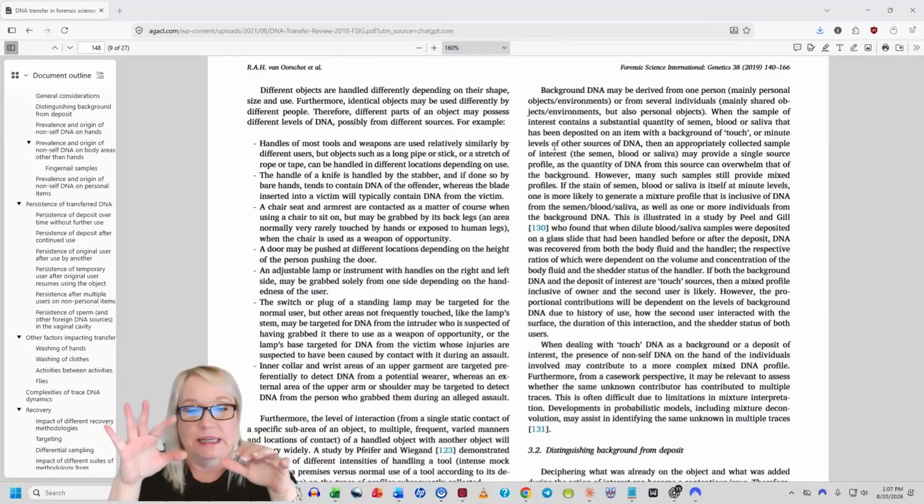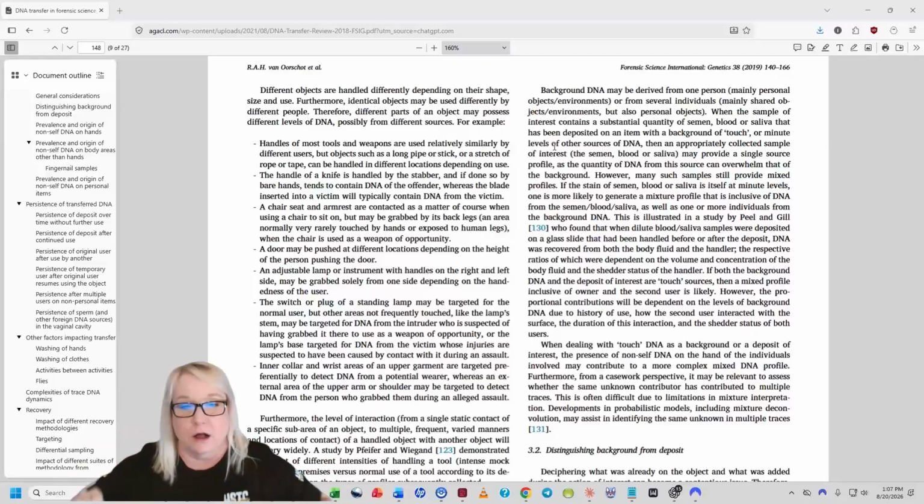A chair seat and armrest are contacted as a matter of course when using a chair to sit on, but may be grabbed by its back legs, an area normally very rarely touched by hands or exposed to human legs when the chair is used as a weapon of opportunity. Well, let me tell you, I got some dust on mine. I live in Arizona. I've got dirt and dust.